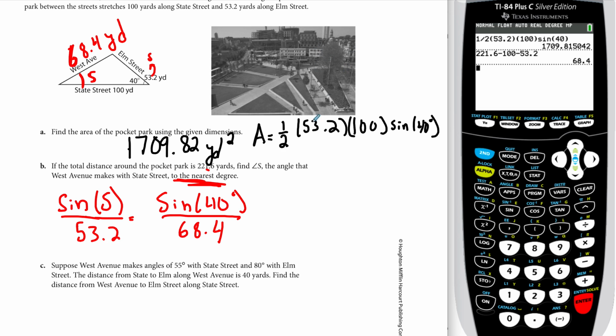So here's my setup. And so what I know is that the sine of s, if I just simplify, not the sine of 8, the sine of s. Get my eraser back.